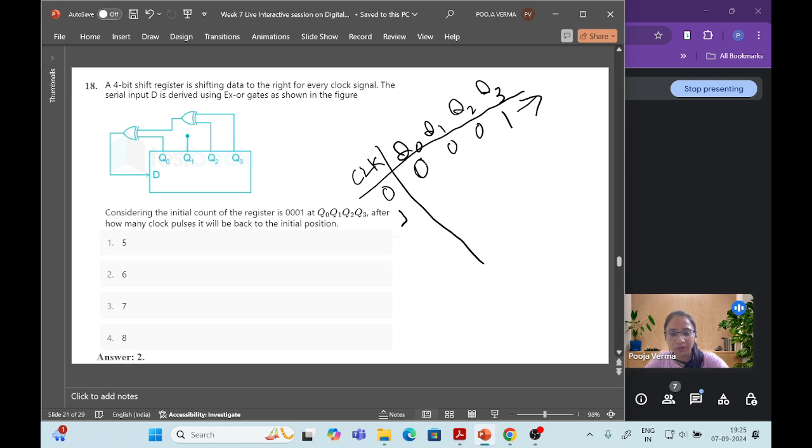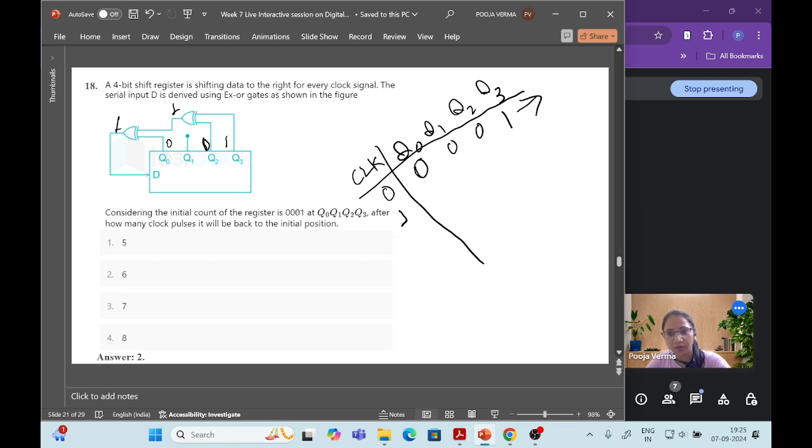Q0 is 0, so 0 and 1, again 1. The output here is 1.